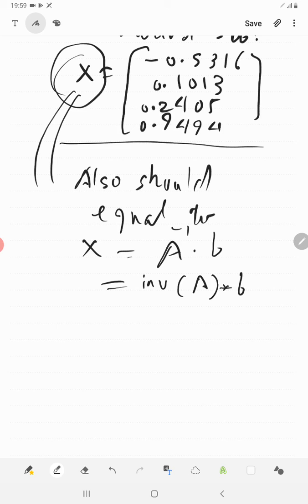When you come to forward substitution, you create a 5 by 1 vector instead of 4 by 1: y1, y2, y3, and you add y5 and modify this equation. For backward substitution, you start with x5 instead of x4 and modify it the same way. I'm sure you'll be able to do that.